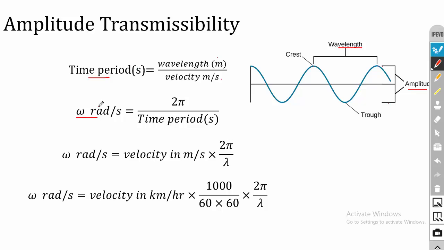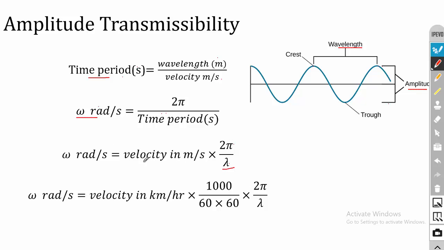We know that the relation between omega and time period is omega equal to 2 pi by time period. It is actually 2 pi f, and we know that frequency is equal to 1 by time period. Further, omega in radian per second is equal to, substituting the time period, velocity in meter per second divided by lambda, the wavelength, into 2 pi.